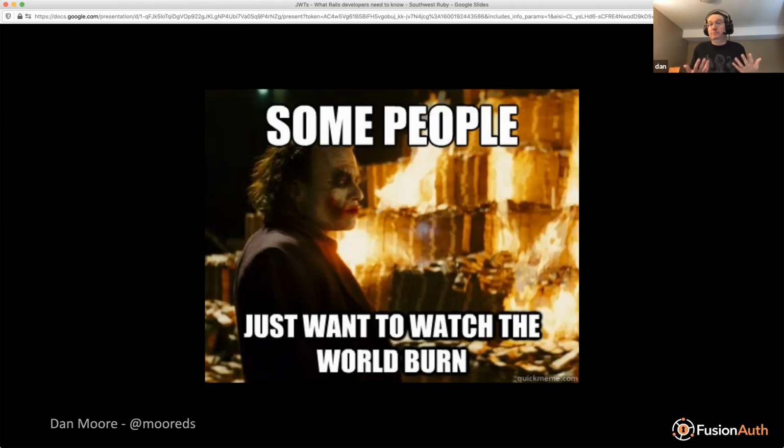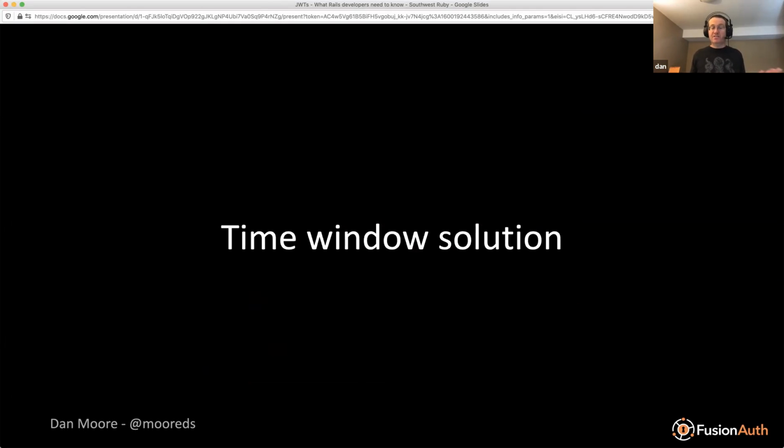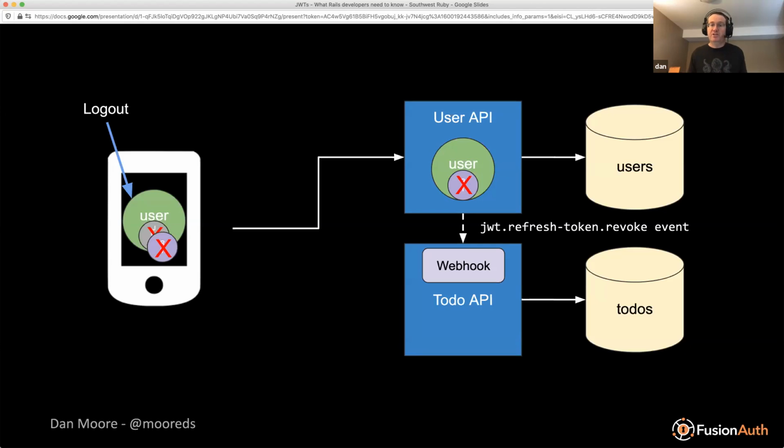And again, depending on the size and scope of your system, it may make sense. There is a different solution, and this is something that we've actually implemented, worked with clients to implement. It's a time window solution. When someone logs out, we revoke their refresh token and we fire off an event to any interested parties that says, hey, this refresh token was revoked.